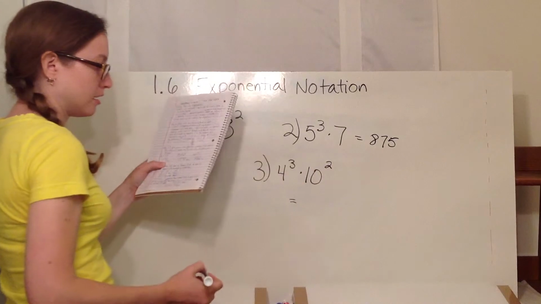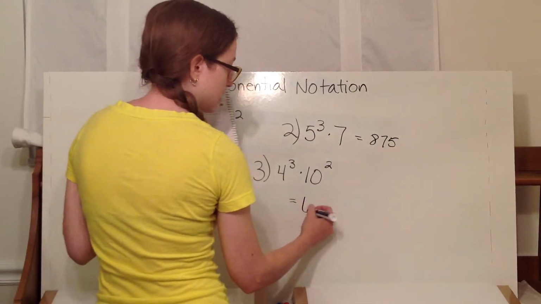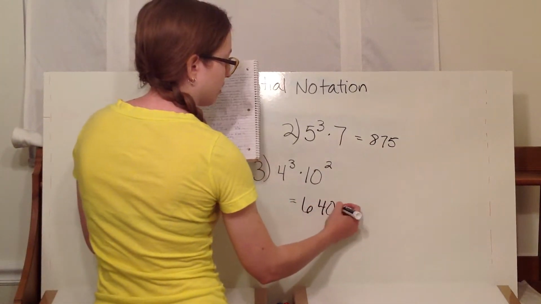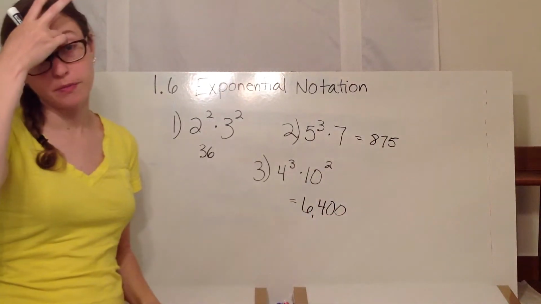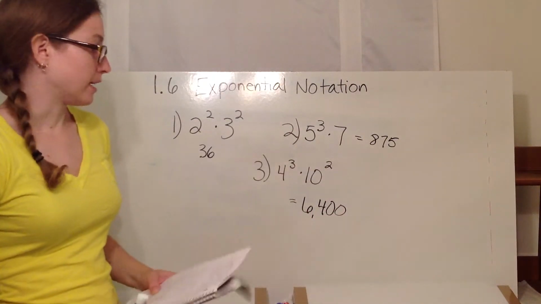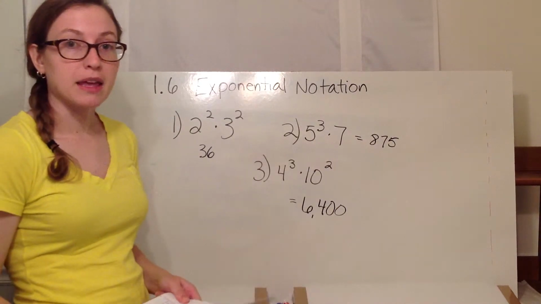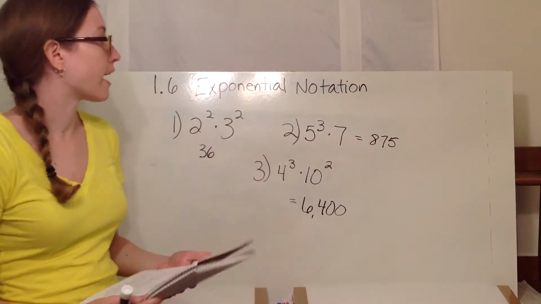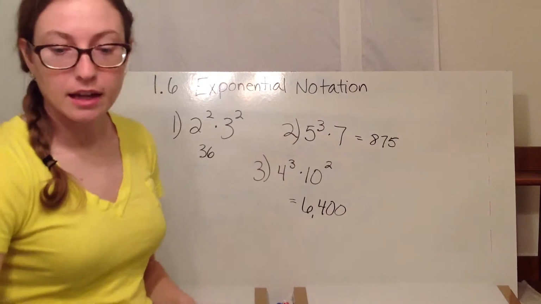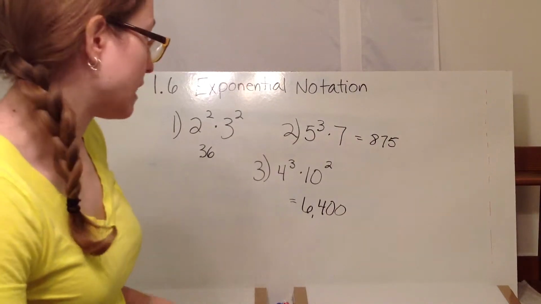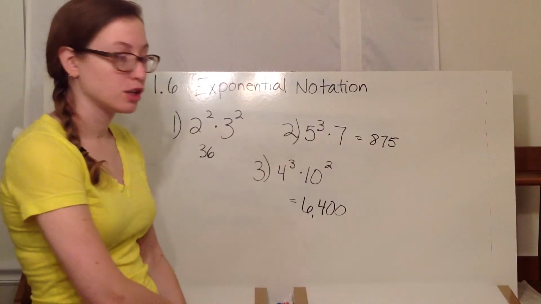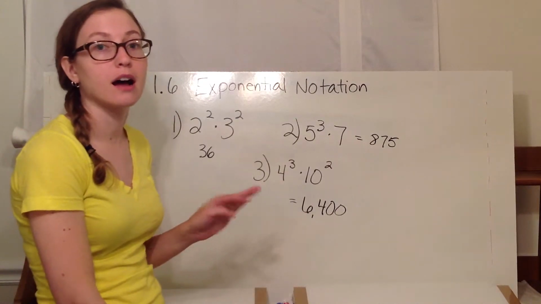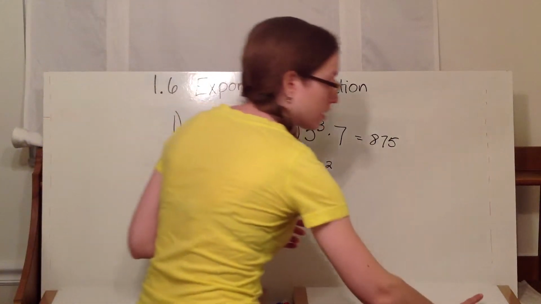And number 3 is 6,400. Okay. All right, I have one more note in this section for exponentials, and if you didn't get any of these, please ask questions at the beginning of class so that we can talk about why something may have been different than what you were getting.